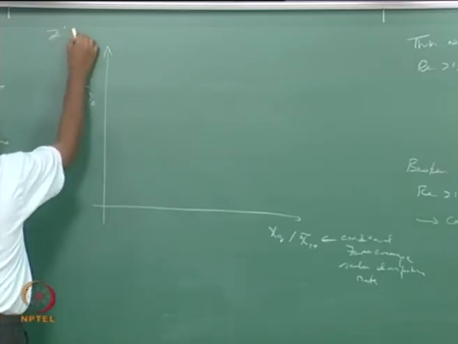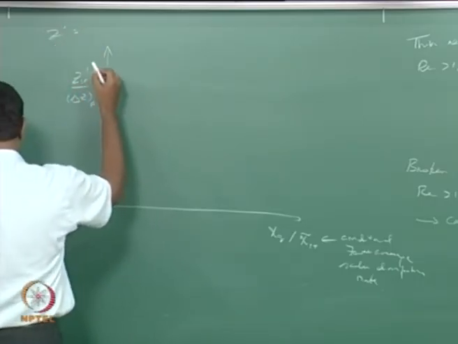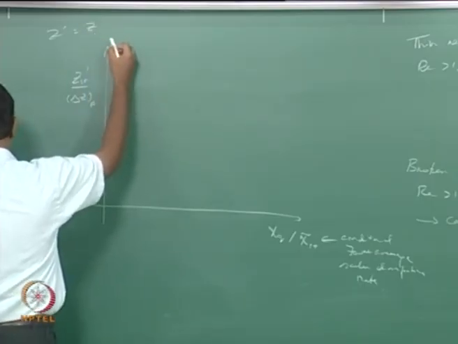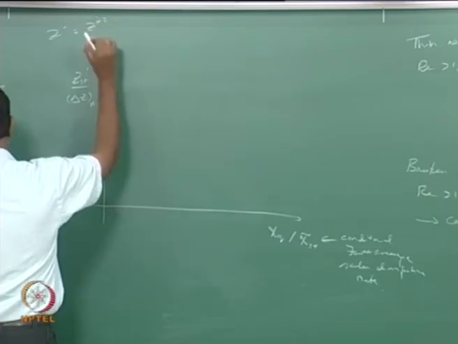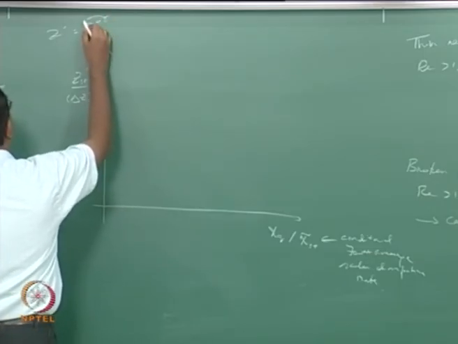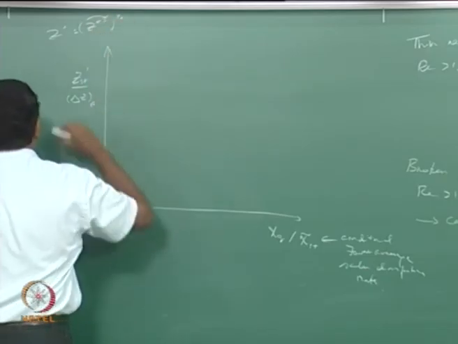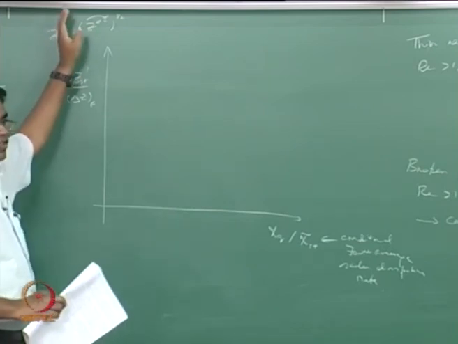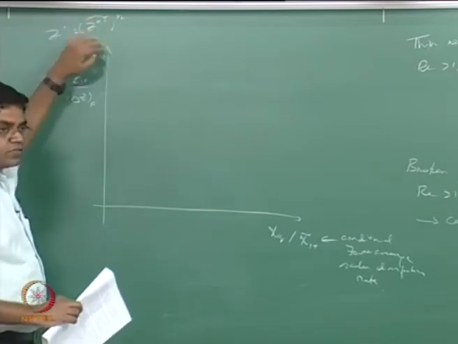So z prime is nothing but z double prime squared tilde to the half. Double prime essentially indicates a forward averaged fluctuation. So this is essentially a forward RMS.